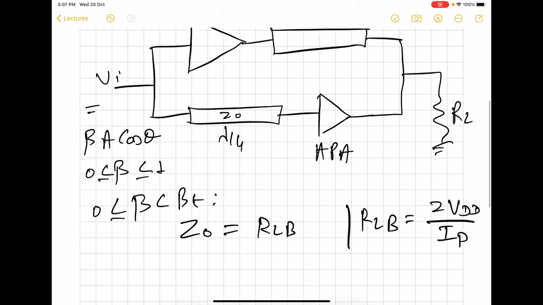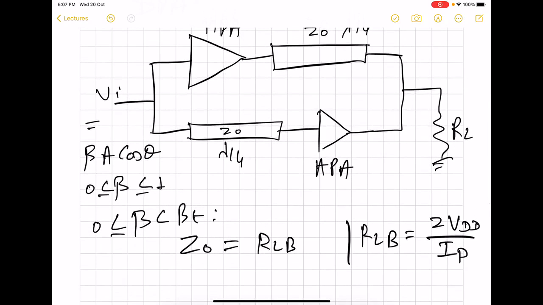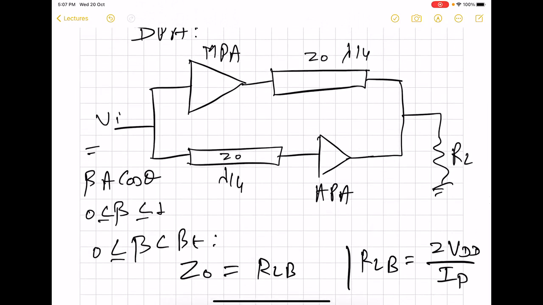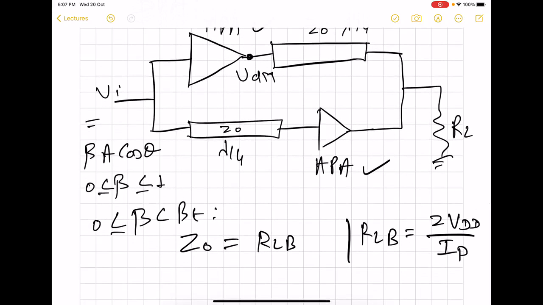So IP is the maximum swing of the drain current when the voltage has the maximum swing. So this is going to be the location of the drain voltage. And we have been calling this as VDM. Both the power amplifiers, main and auxiliary, are going to be operated in class B mode of operation.